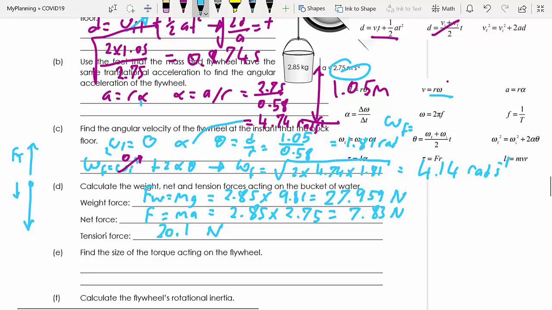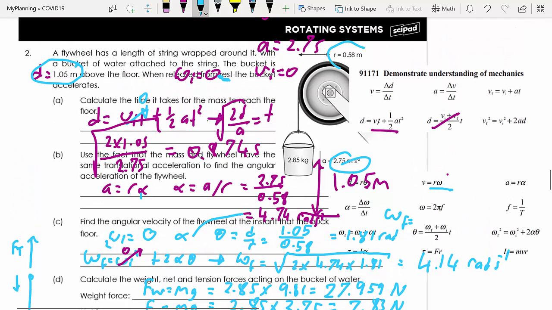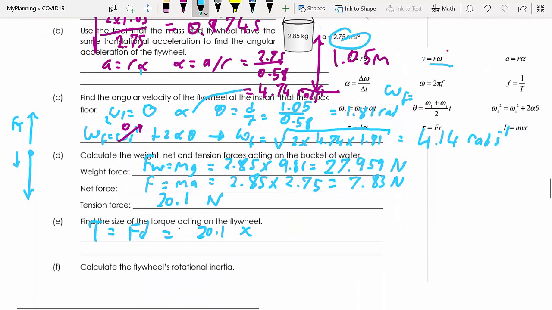So then it says calculate the size of the torque, and so we know that torque equals force times distance, or force times radius, and so there's a 20.1 newton force acting at a radius of 0.58. Times 0.58 gives you 11.67 newton meters of torque.